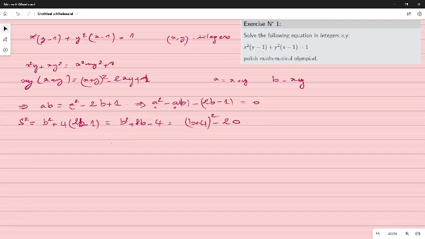For our equation to have an integer solution, we need delta to be a positive integer.